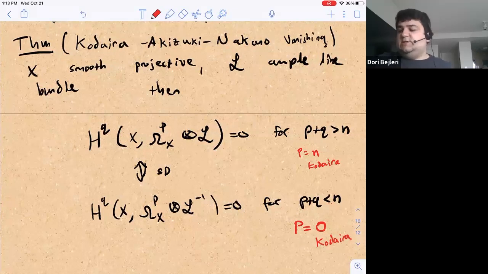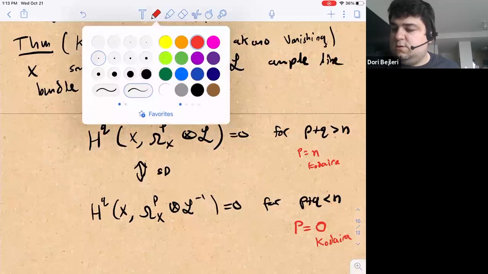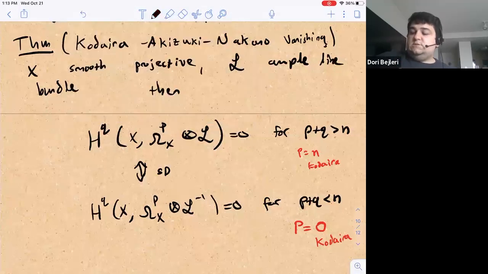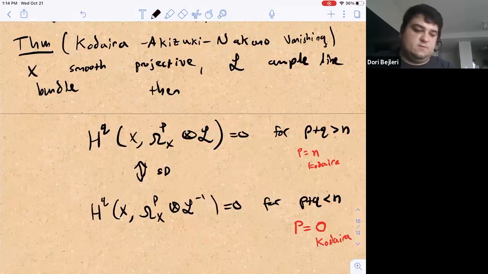So this is a generalization to these more general sheaves where you don't just take the canonical, but you take any of these intermediate sheaves of differentials. But the proof is kind of the same strategy.